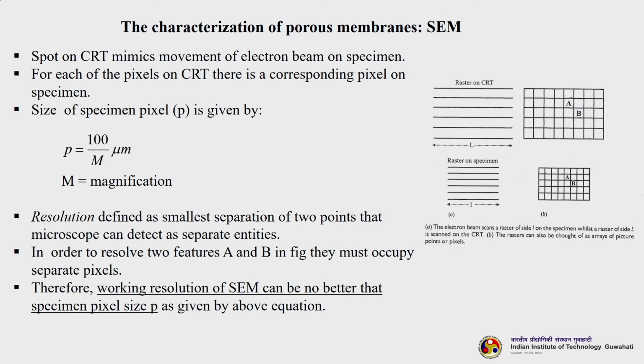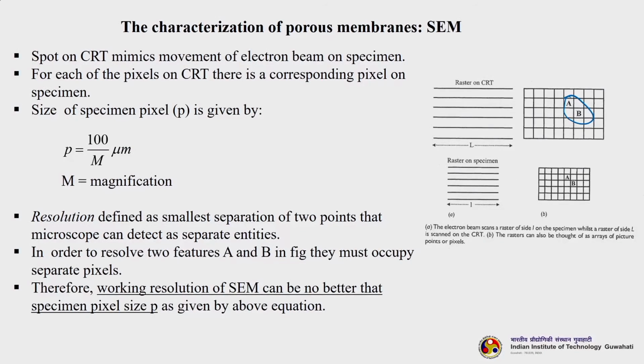Resolution is defined as the smallest separation of 2 points that the microscope can detect as separate entities. Here, these are the 2 pixels marked A and B. These 2 pixels should be distinctly visible separately, and how distinctly they are visible is the resolution. In order to resolve 2 features A and B in the figure, they must occupy separate pixels.